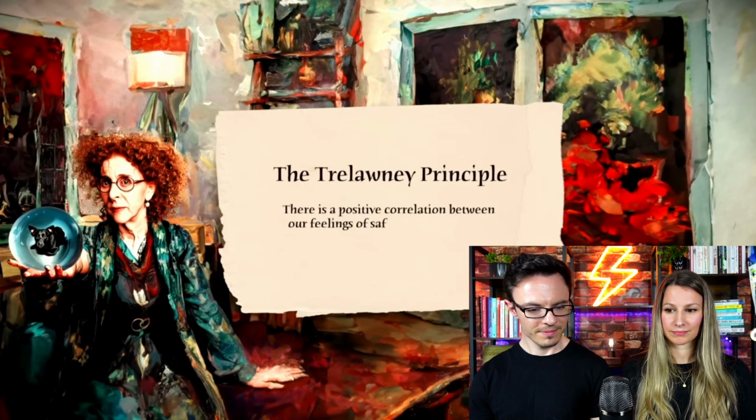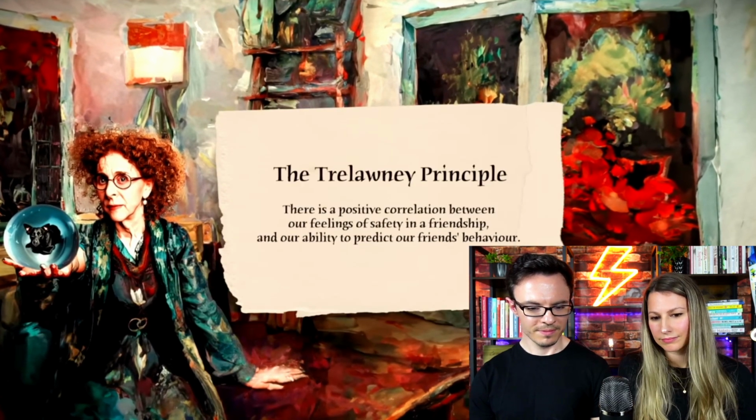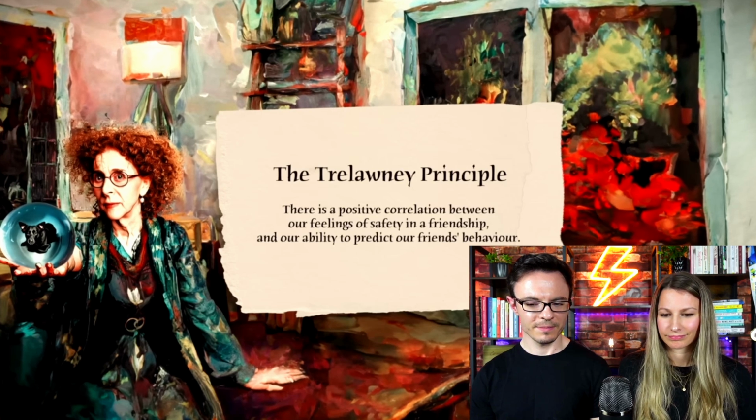Sometimes in friendships, this is not the case. What I've just described I call the Trelawney principle, the fact that there's a positive correlation between our feelings of safety in the friendship and our ability to predict our friends' behavior. This example and theory I've learned from the psychologist Dr. Kirk Honda, so if I've butchered it, please blame me and not him.